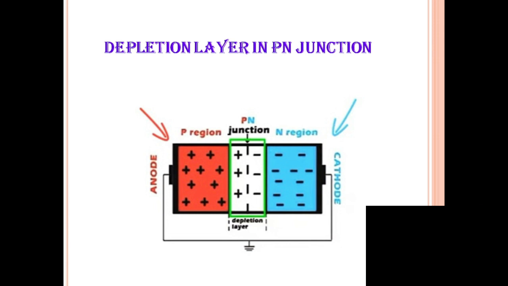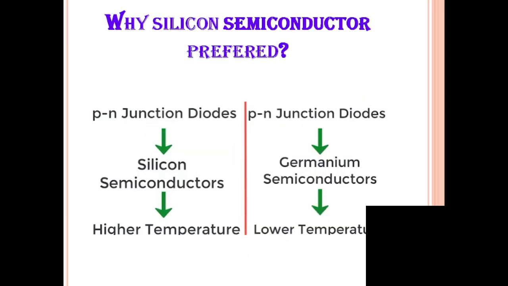The junction is formed because of the joining of the P material and N material. At the same time, if you consider forward and reverse bias conditions for the PN junction diode, the depletion layer size will be increased or decreased. We will see it in the forthcoming PPT.